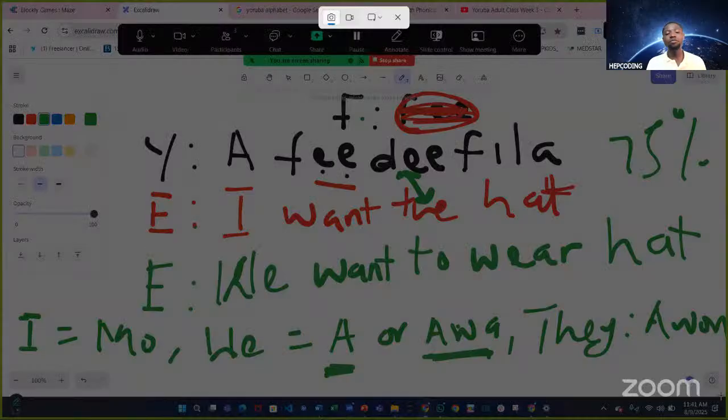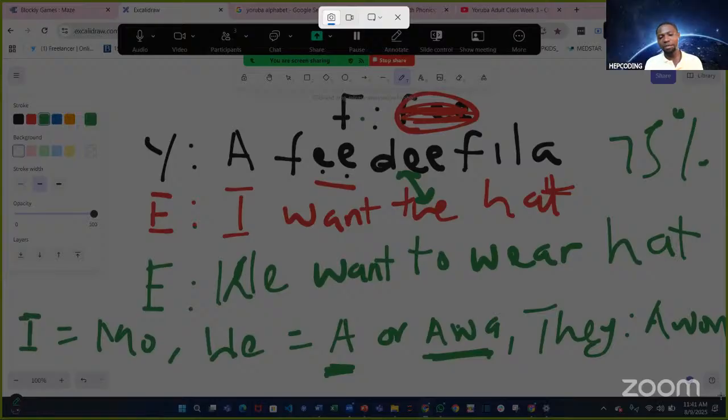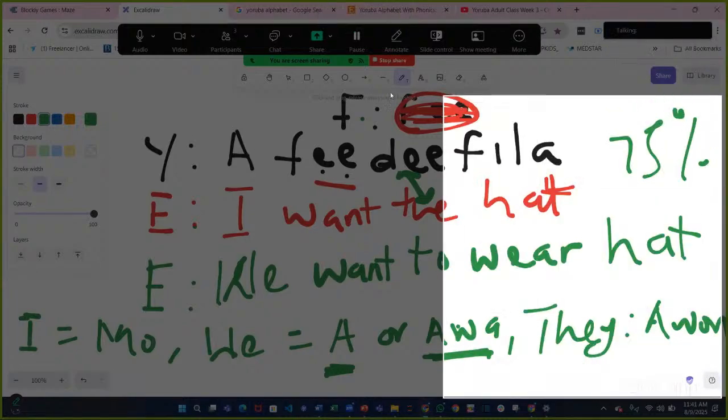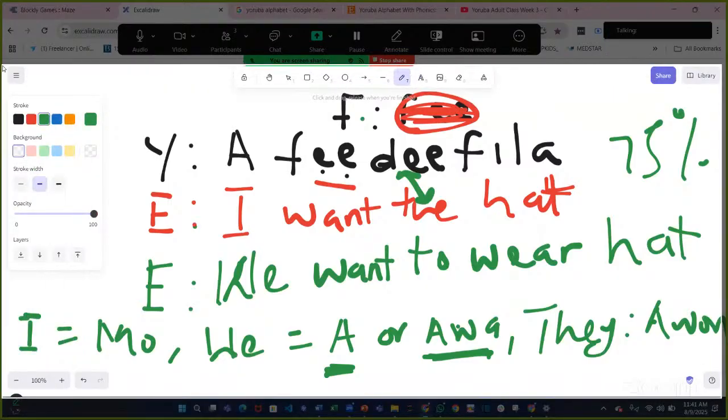So just use they, we, I, mix it. I don't want you to use I anymore. I think you're good on I now. Use we or they with it. Do something else instead of want. Just be creative with it.